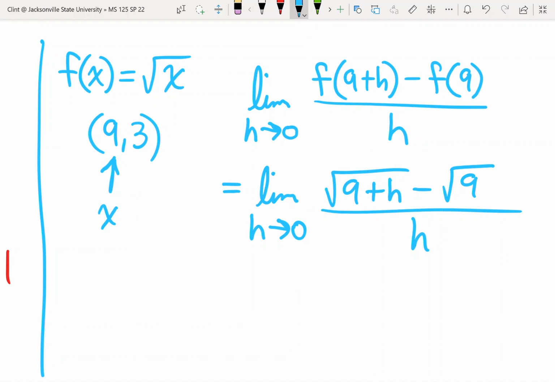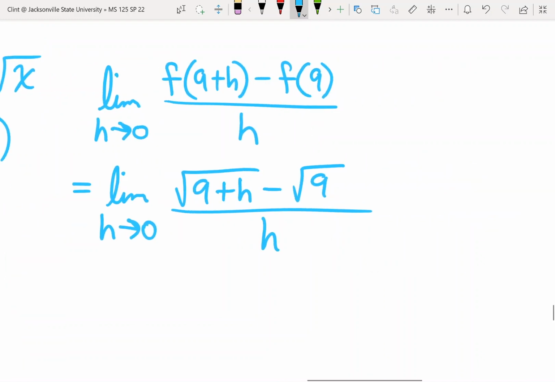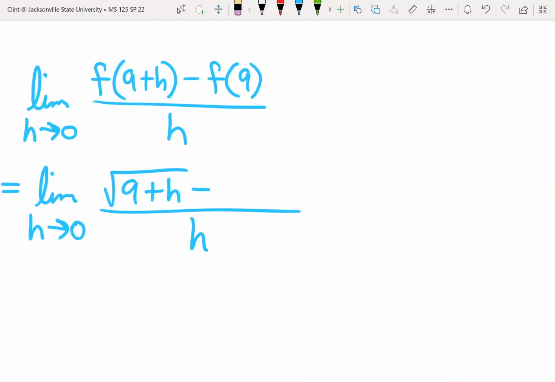What do we have to do to find our limit on this one? Do square root of 9 and multiply by the conjugate. So square root of 9, I'll call that 3. Multiply by the conjugate.